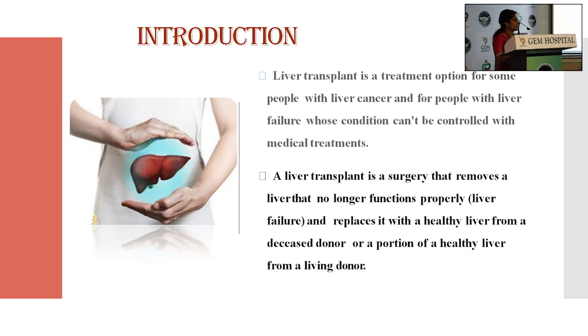In liver transplant surgery, the old liver, that is the damaged liver, is removed completely, and a part of a new liver, that is a healthy liver from a donor, is attached to the same place.